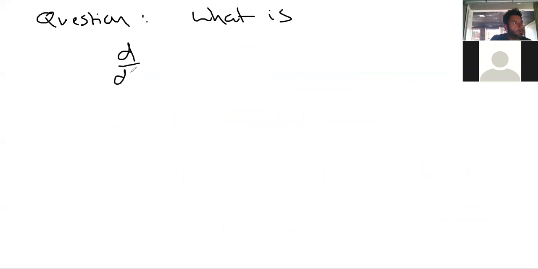So instead of adding or subtracting, what if I multiplied two functions?